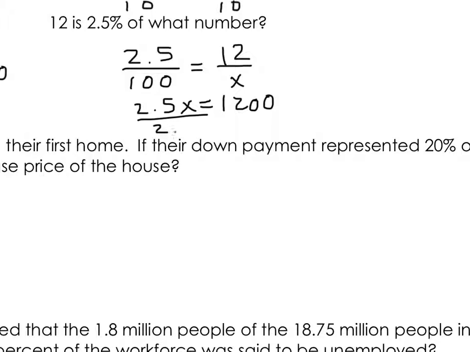Let's divide both sides by 2.5. And we get 1,200 divided by 2.5. 480. So 12 is 2.5% of 480. That makes sense. That seems like the right size number or answer.